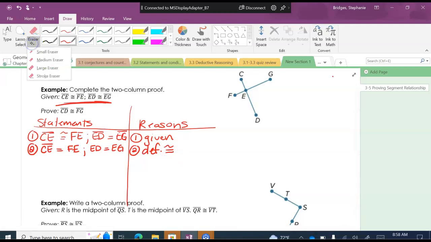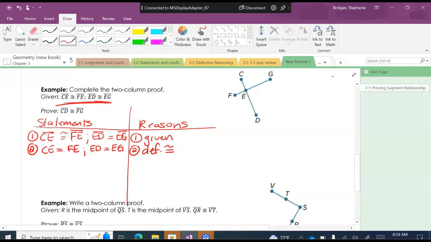Uh-oh, I put that CE is not supposed to have a segment bar there, sorry. That one is though. Everybody ready? Okay. All right.